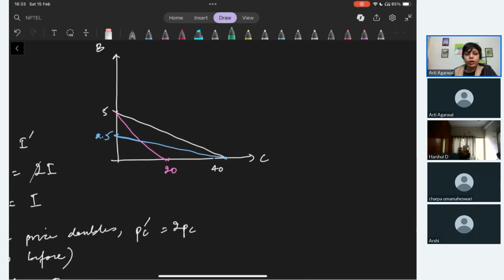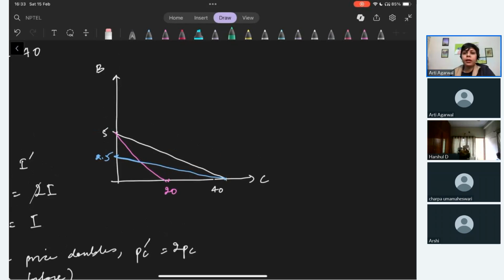Now there's one more scenario we have to consider before we go back to our case. Say both the prices are fixed, but the income is doubling. Then what happens? Prices are the same, but because the income is doubling, you can consume twice as much of both items. So let me delete this and extend this a little bit, even though it will still not be proportional, but we can try.